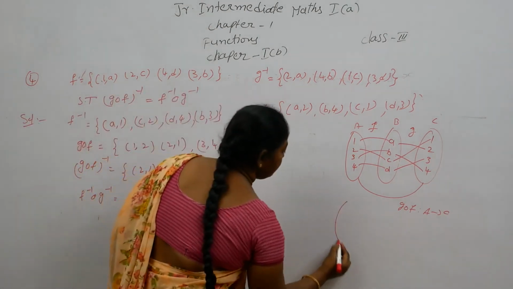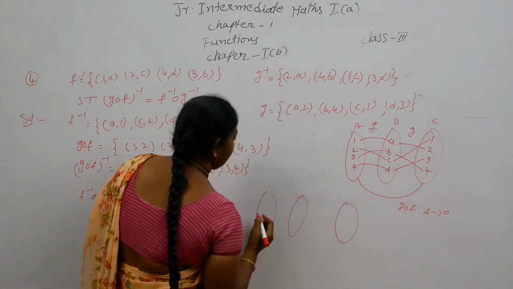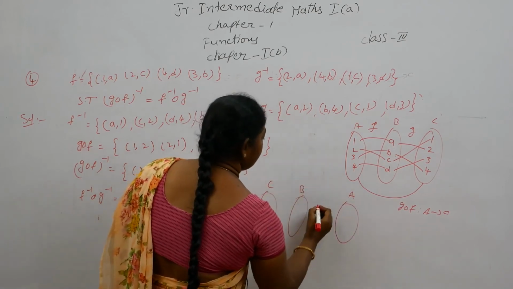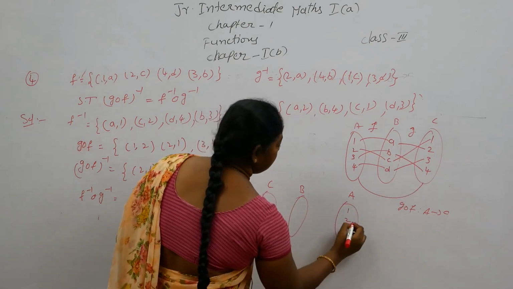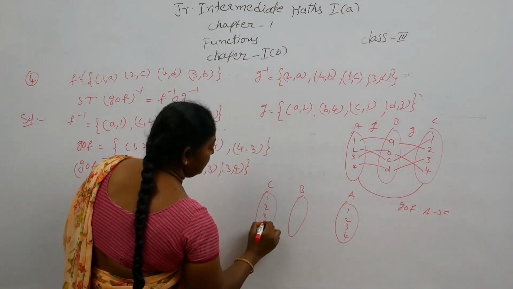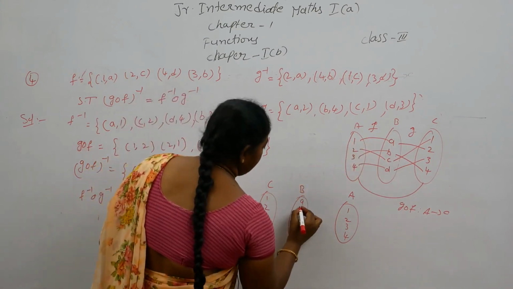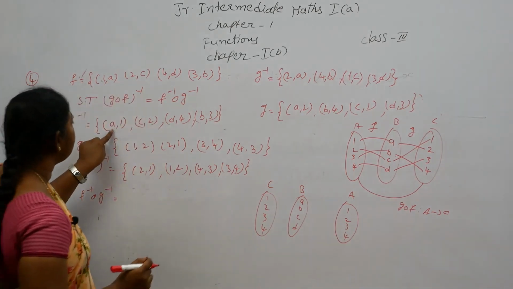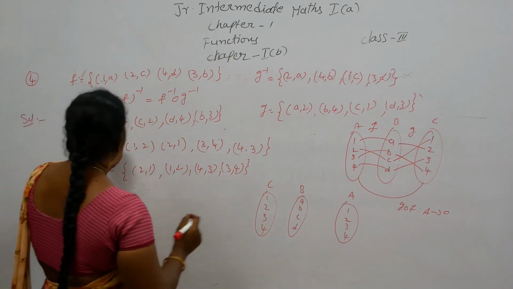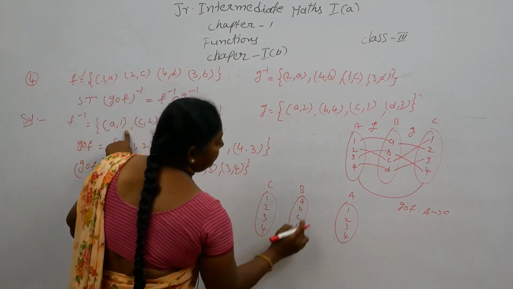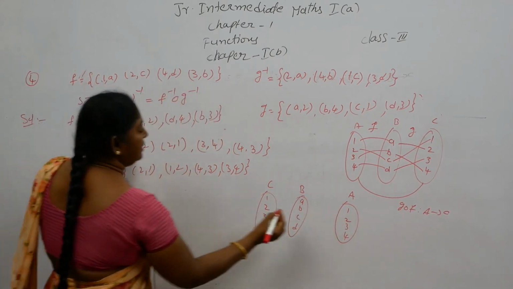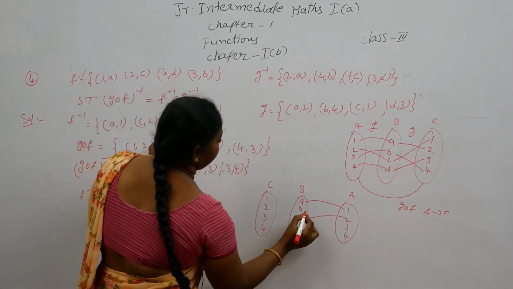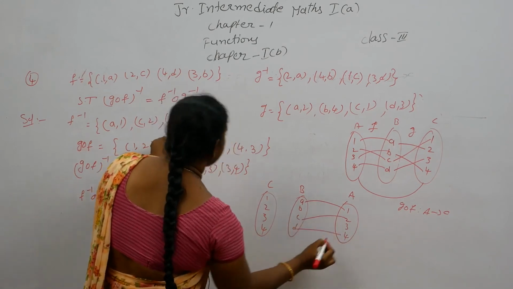So here, first, A, B, C: A and C are the domain 1, 2, 3, 4, and B equals A, B, C, D. So F inverse is A to 1, C to 2, D to 4, and B to 3.